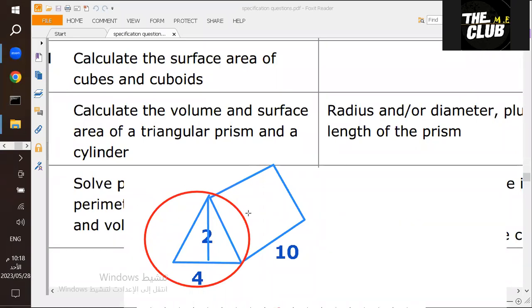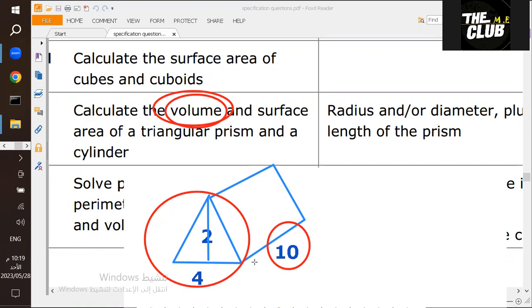A cross section means the shape starts with the shape and ends with it at the same time. So it starts as a triangle, ends as a triangle. We're finding the volume. We want to find the area first. So we find the area of the cross section and then multiply it by the length. That's the idea of finding the volume of triangular prisms. So we find the area of the cross section multiplied by the length.